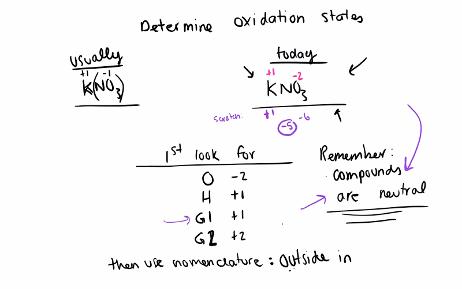Okay, so right now my compound with just potassium and just oxygen, there's a -5 charge. So that means because all compounds are neutral, that means that the nitrogen has to have an oxidation number of +5 within this compound.